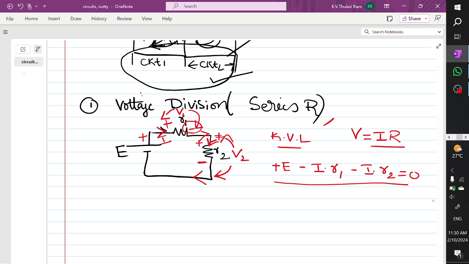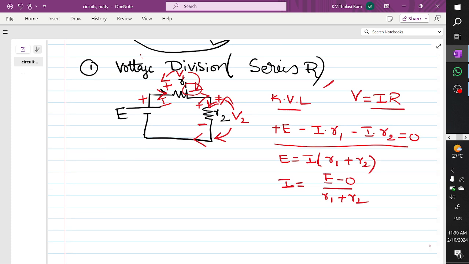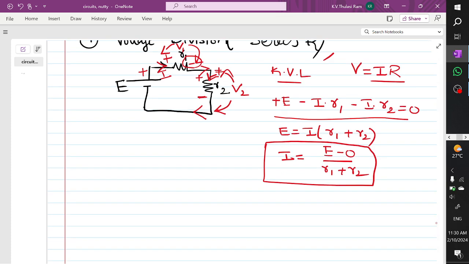So coming to the logic here, I can write down this E is equal to I into R1 plus R2. So now what is the total current in the circuit? I can be written as E minus 0 divided by R1 plus R2. Now try to understand that this is the total current in the network. So now we want to apply the voltage division rule. So I am redrawing the circuit.